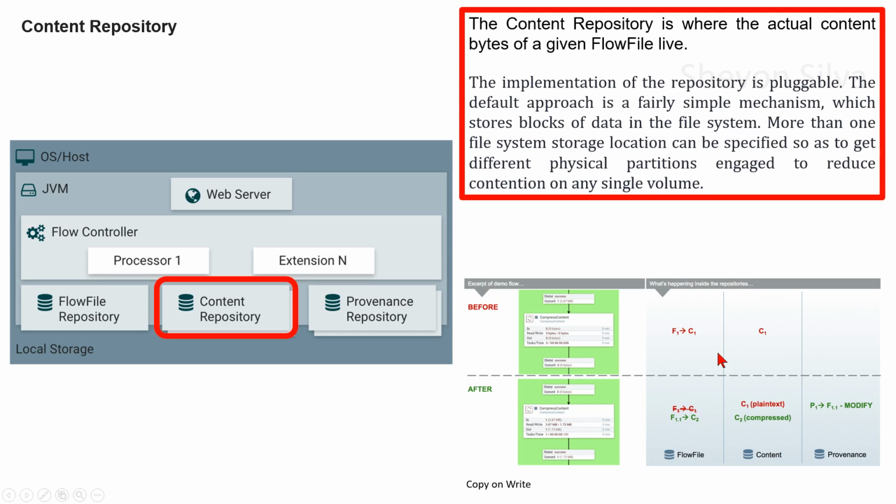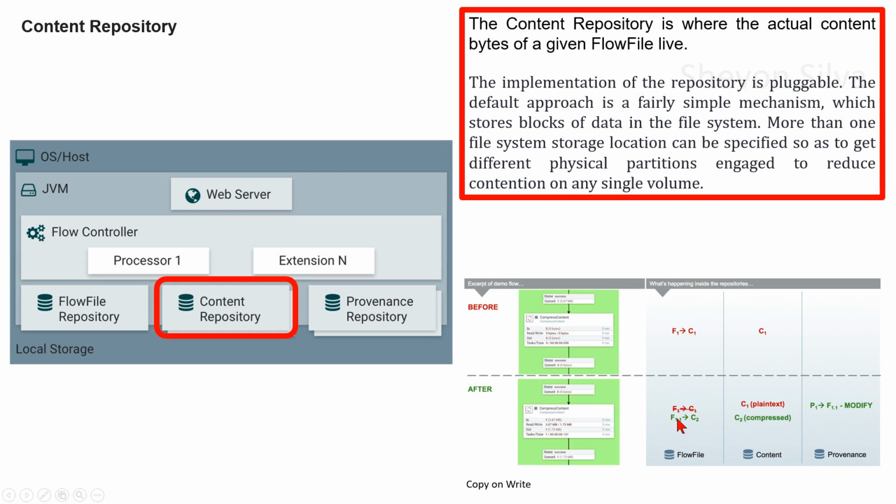When doing so, the flow file F1 is updated to point to a new content C2, and a new provenance event P2 is created, referring to a new flow file F1.1.